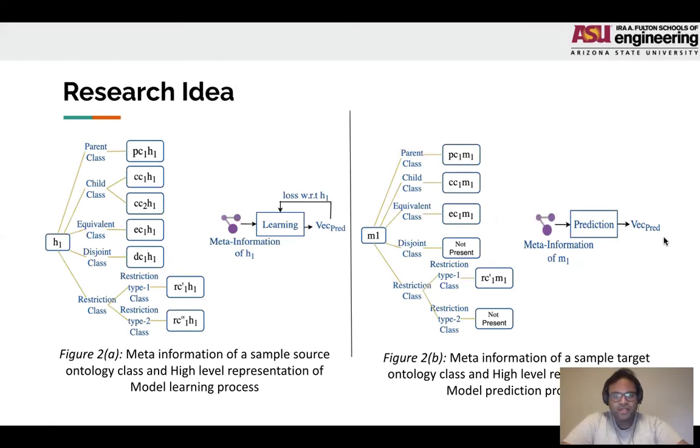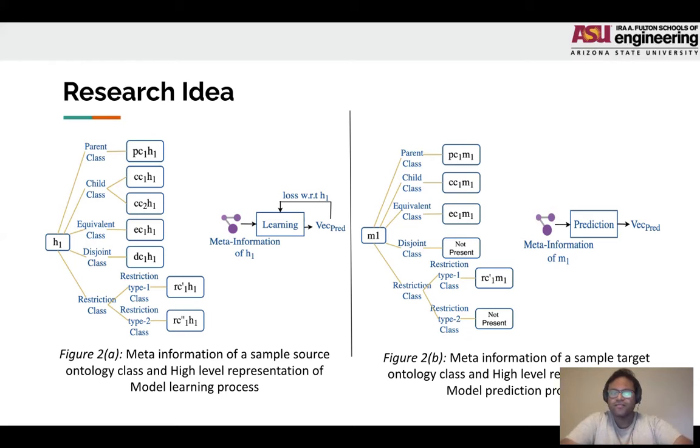So what's the research idea? On the left side, we can see the meta information structure of the source ontology. For example, let's say our dataset is the anatomy dataset. We have two ontologies: one is the human anatomy and the second is the mouse anatomy. Here human anatomy is the source ontology and the target ontology is the mouse ontology.